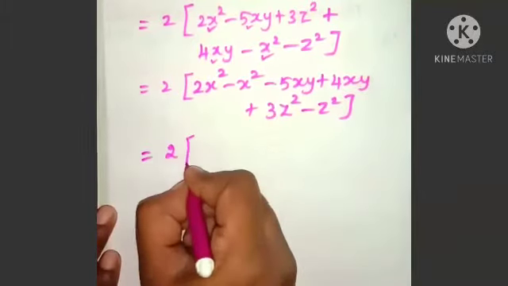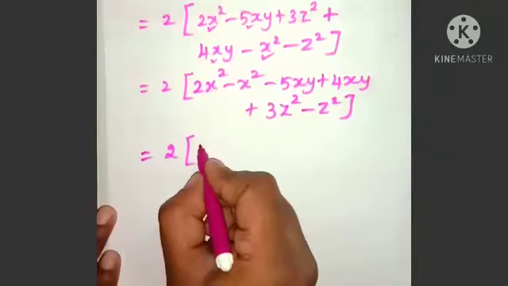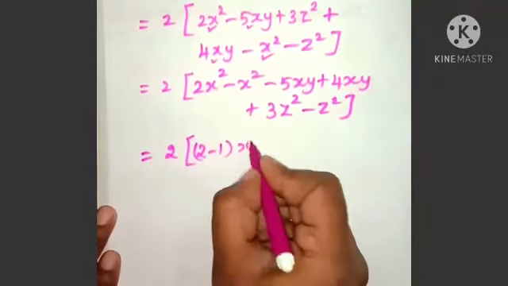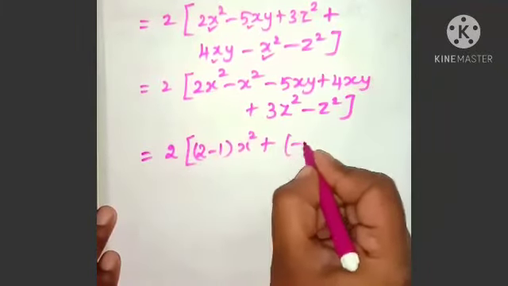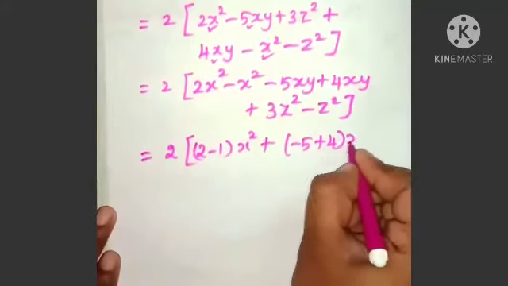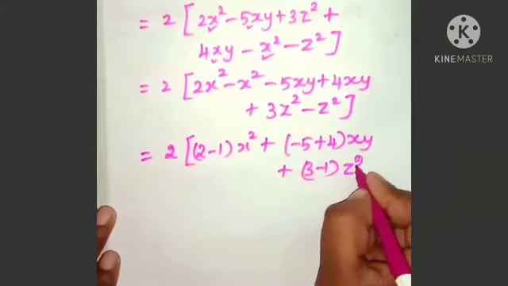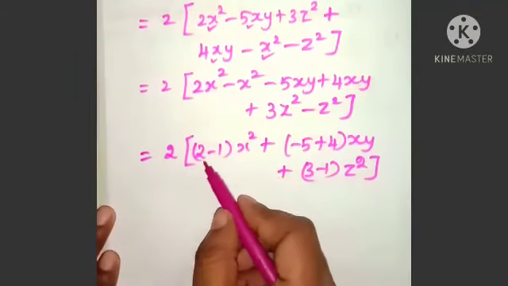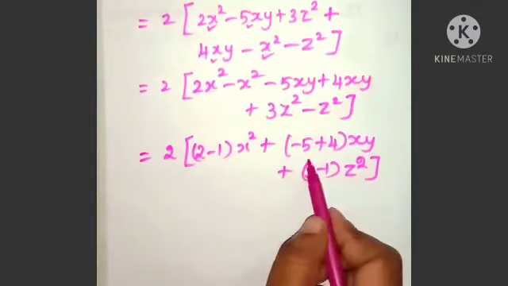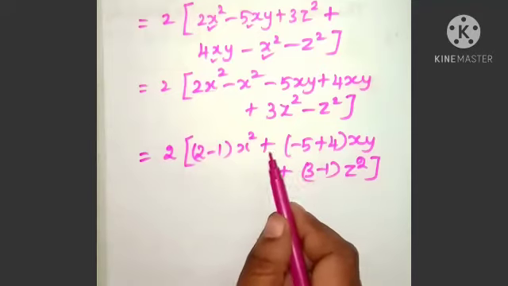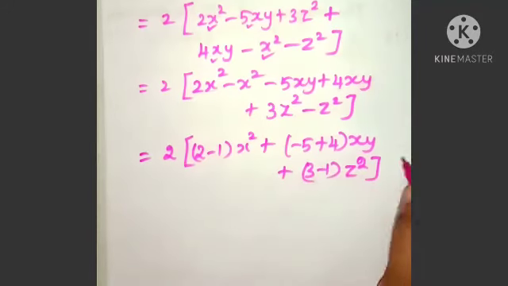So 2 into (2 minus 1) x squared plus (minus 5 plus 4) xy plus (3 minus 1) z squared. That is, we are adding or subtracting the coefficients of the like terms alone.